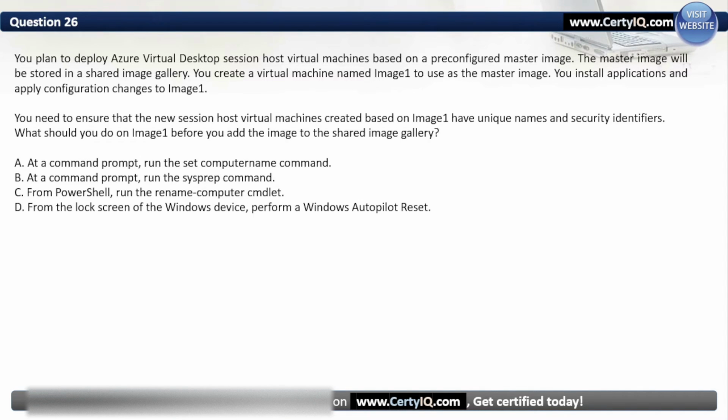You need to ensure that the new session host virtual machines created based on image1 have unique names and security identifiers. What should you do on image1 before you add the image to the shared image gallery? The correct option is B. Open a command prompt. Run the Sysprep command.